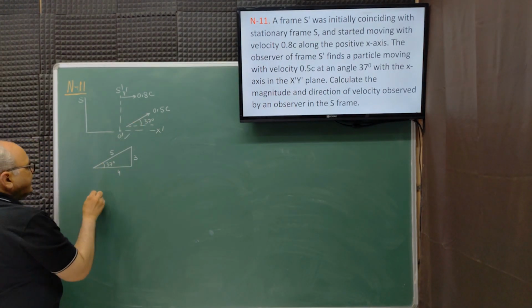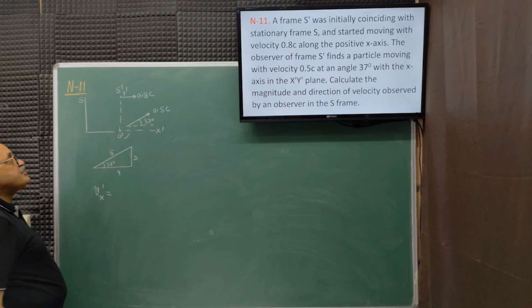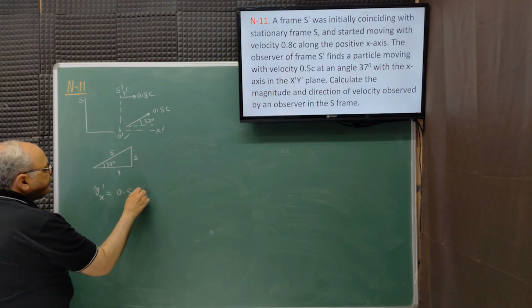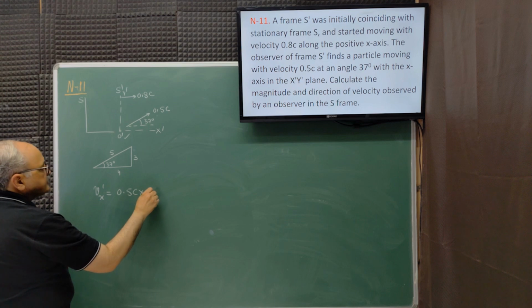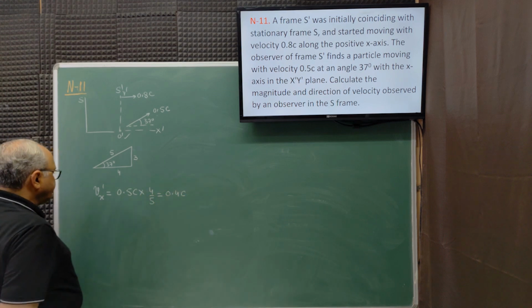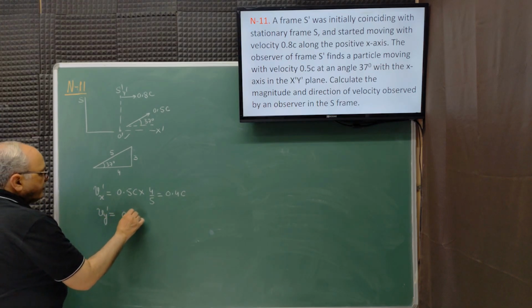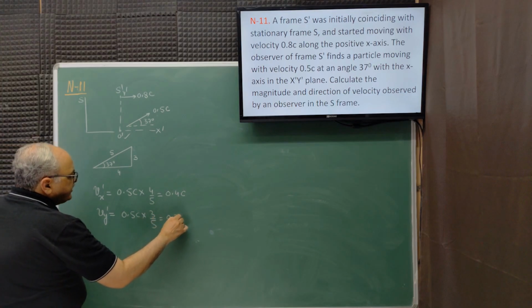If I have to write down the x component of the velocity as observed by the observer O dash in the S dash frame, this is going to be 0.5c multiplied by cos 37, which is 4 by 5, so this is 0.4c. Secondly, vy dash comes out to be 0.5c multiplied by 3 by 5, that is equal to 0.3c.